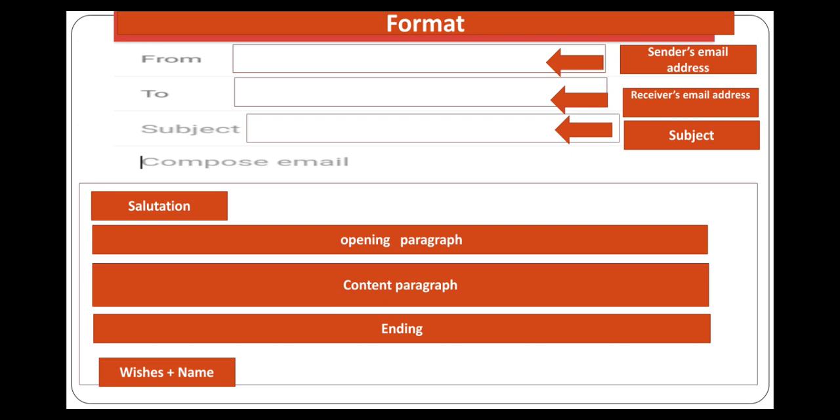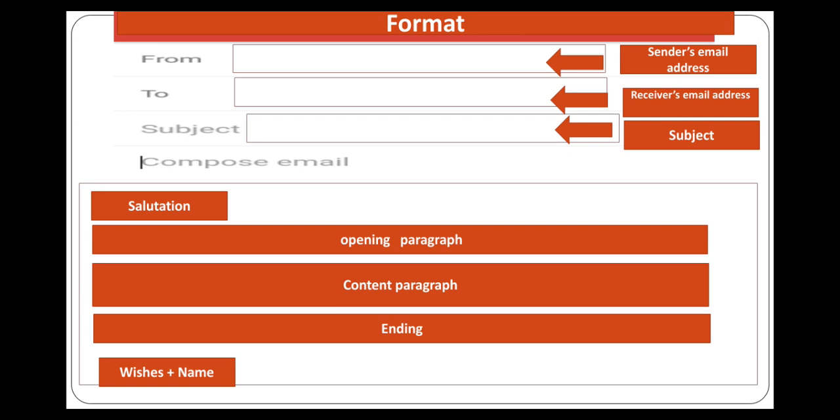Then you state the purpose of the email. Why are you writing the email? So what's the purpose? Now we'll see an example of an email, and we'll see some expressions to use for this purpose.